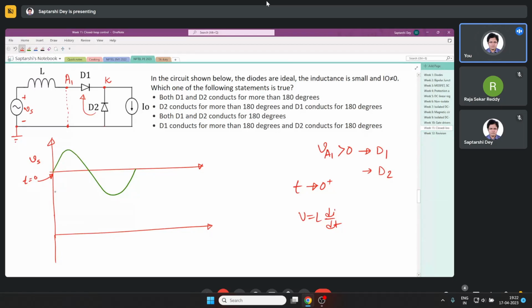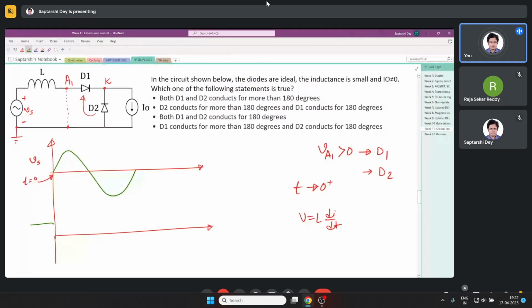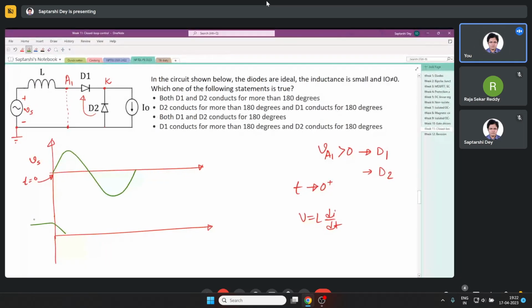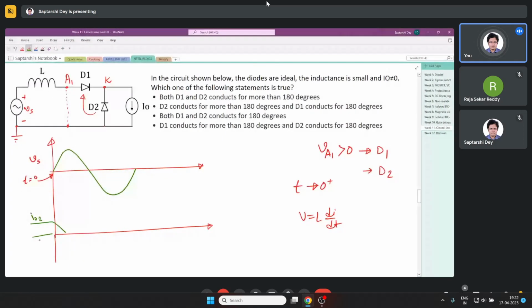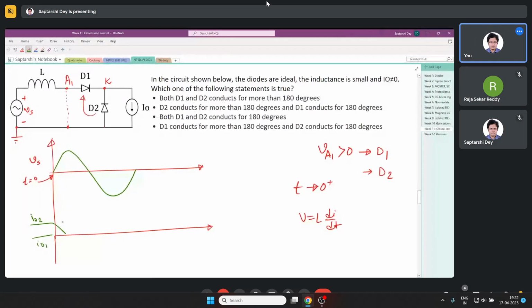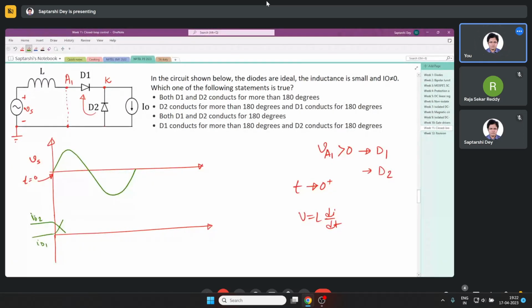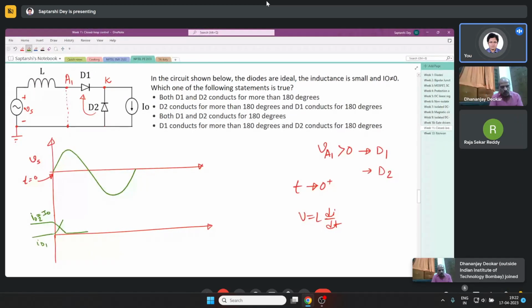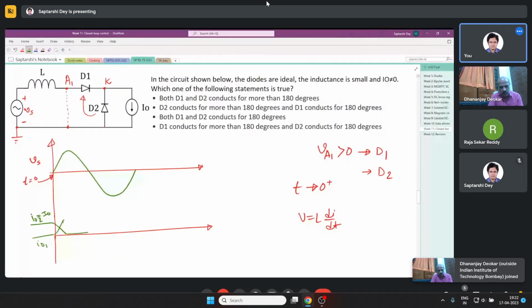That is due to commutation. So if we look at the currents in D1 and D2, ID2 will drop to 0 and ID1 will rise. This was I0. After that, ID2 will become 0, and ID1 will keep conducting like this.